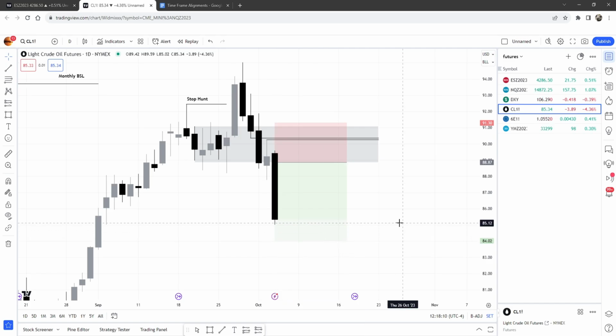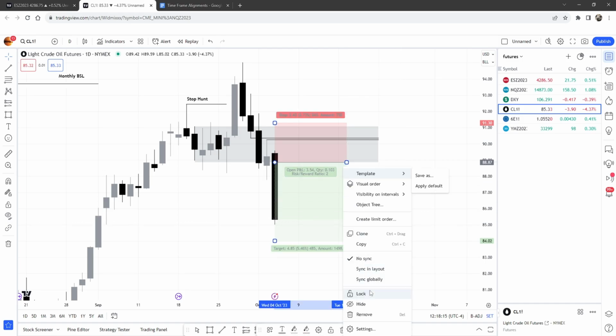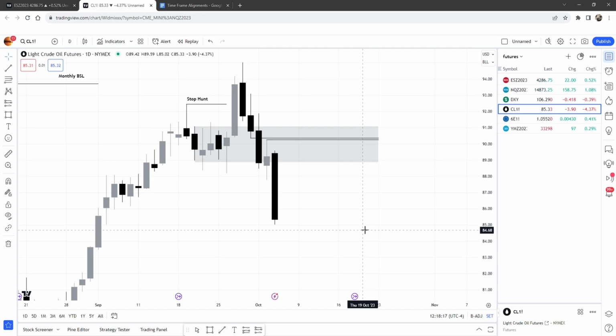Now here's the part of draw on liquidity. And this may answer some of your questions about internal versus external. We need to have a draw on liquidity, or else everything that I just said doesn't matter. If price has nothing to reach for, then I don't want to take the position.